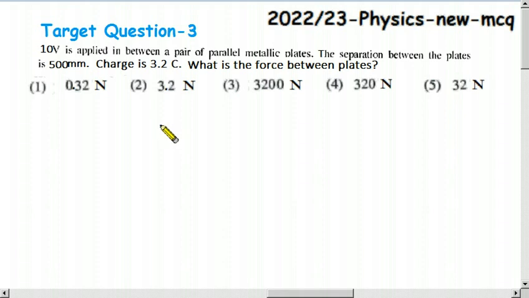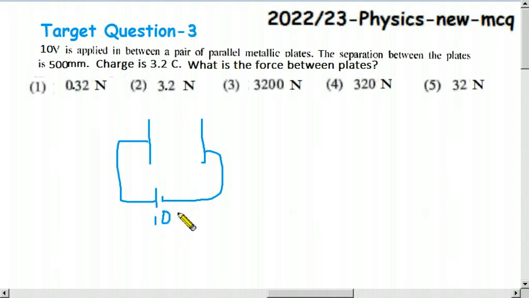So children, now I am going to do it. So let us draw the sketch. 10 volt is given. Delta V is 10.